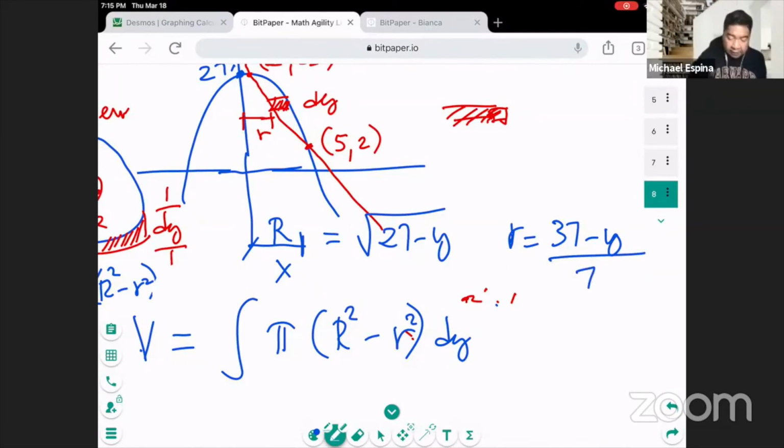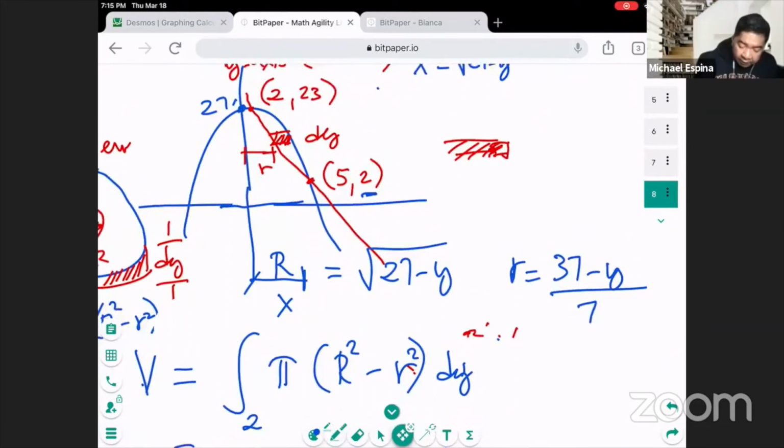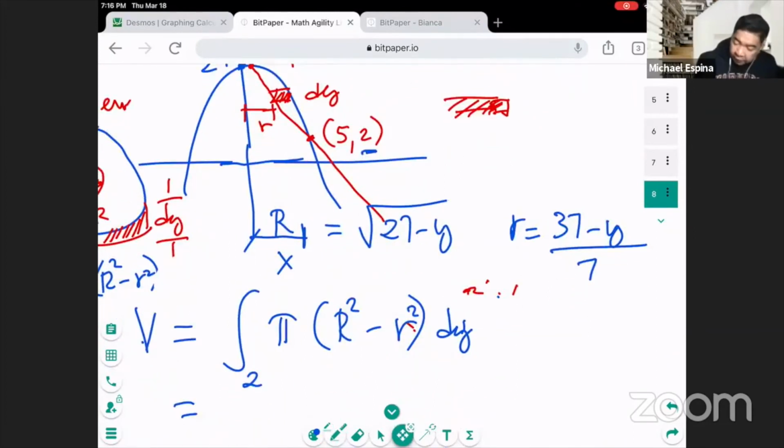So if we take the square of these two and get the limit. So what limit should we use? Because we're using y as our slice. So from our intersection, we need to get 2. This one here, and what's the other limit? 23. So 2 to 23.